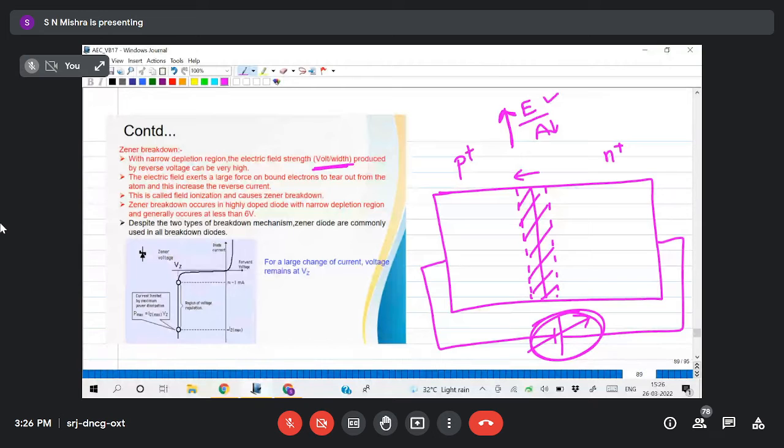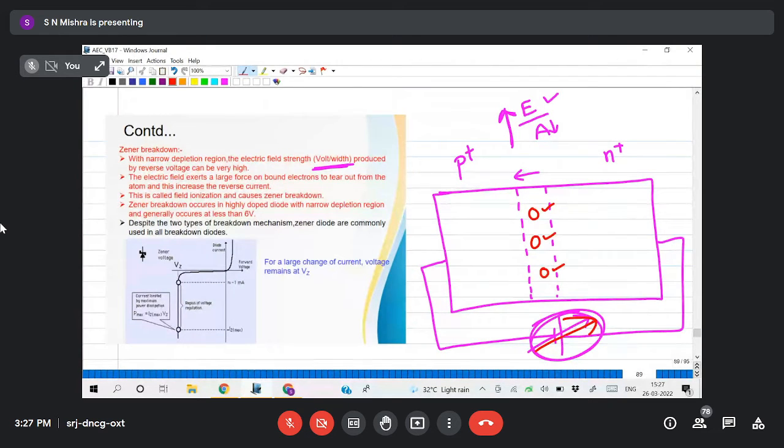Whatever atoms are present in this depletion region, because this is bonded in a solid structure, whatever electrons and holes are present here, and whatever neutral atoms or ions are present, they will gain extra energy. Whatever I am giving here will be captured by these atoms or ions.